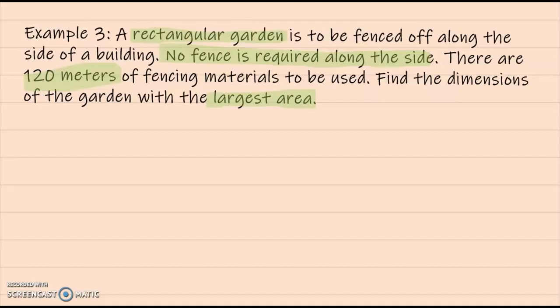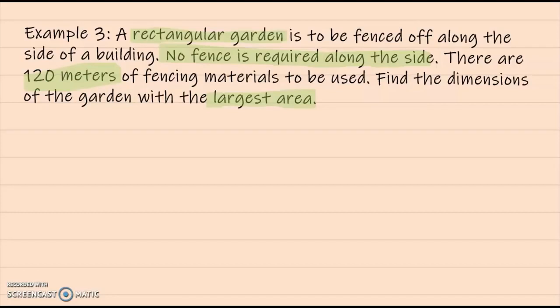We have the perimeter, and we will also make use of the area. Since we have a hint that we have to find the dimensions of the garden with the largest area, we know that our optimization equation will be the equation for the area of our rectangular garden.